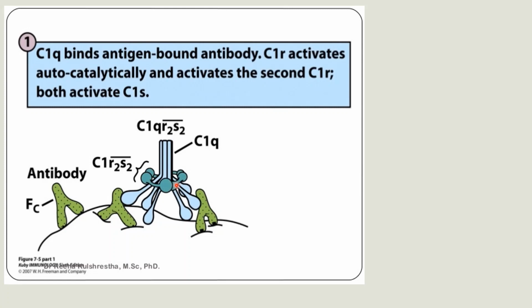C1r will then cleave C1s to a similar active enzyme, which also gets enzymatic activity. And the substrates for C1s are C4 and C2.